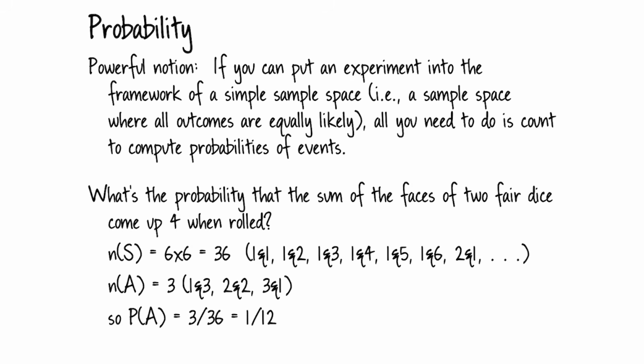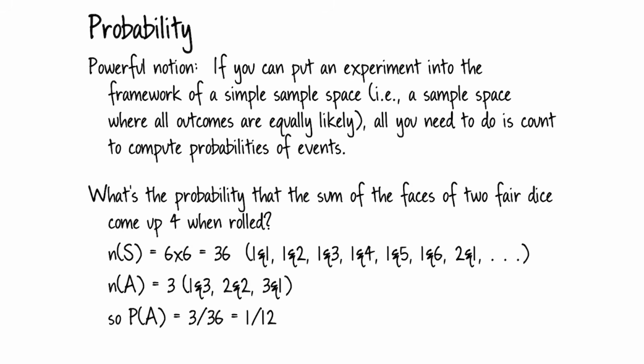And the event that I'm interested in is that the sum on the 2 dice is equal to 3. Oops, no, that's right, is equal to 4. Sorry, equal to 4. And how many different outcomes give me that the sum on the 2 dice is equal to 4? There are 3 different outcomes, exactly. So 1 on the first die and 3 on the second die, 2 on both of them, or 3 and 1.